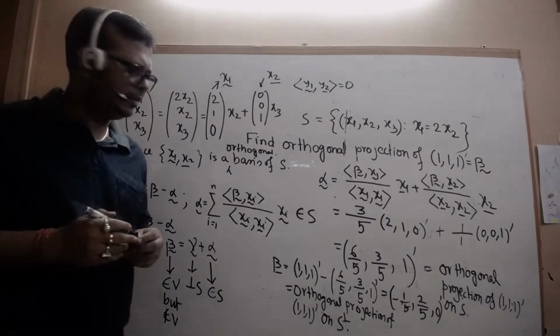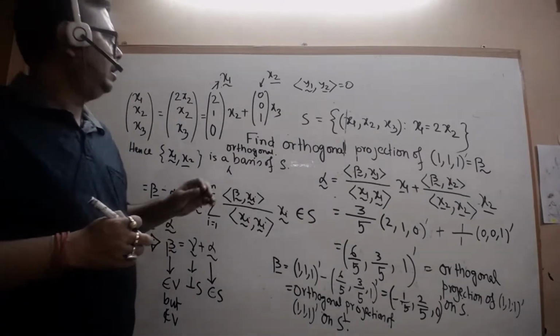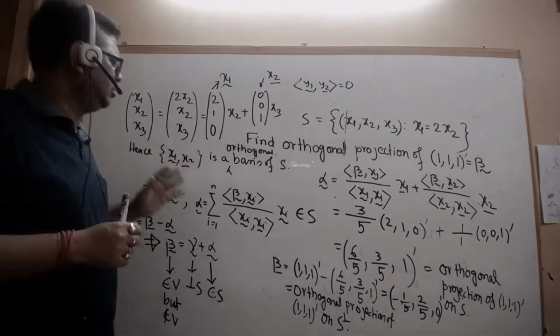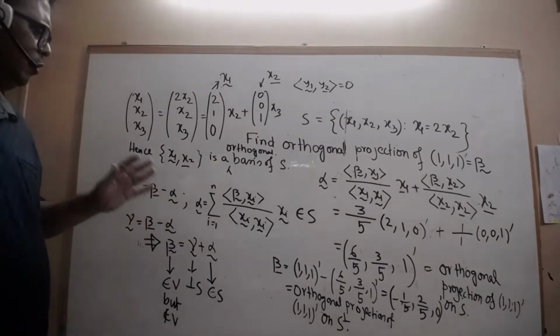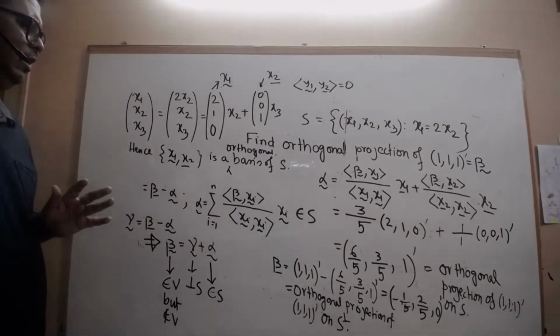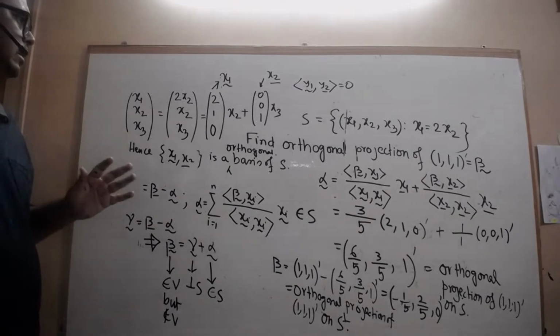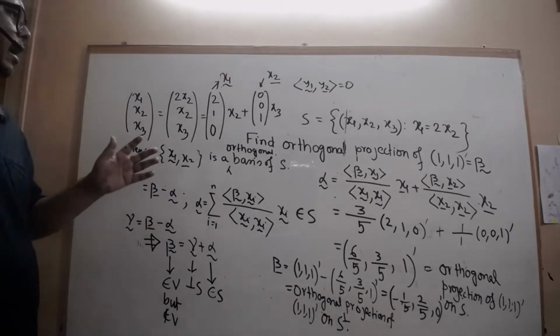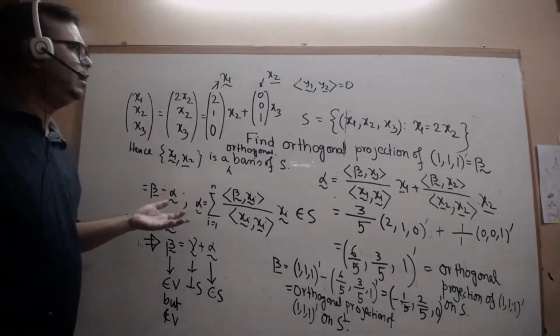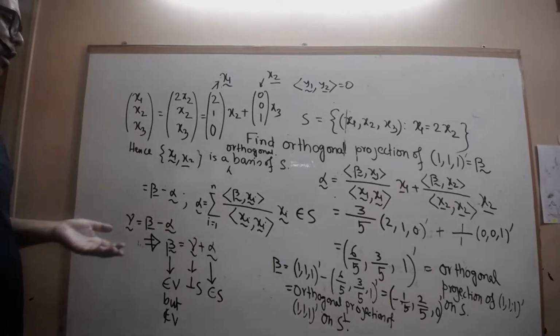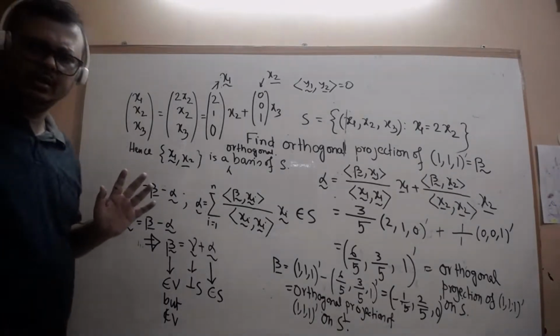Clear? So this is the procedure how to get orthogonal projection on a subspace. If you have a vector and you want to find the orthogonal projection, this is the procedure. Clear?